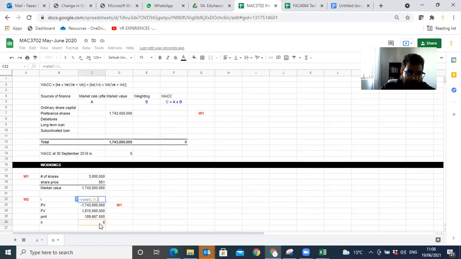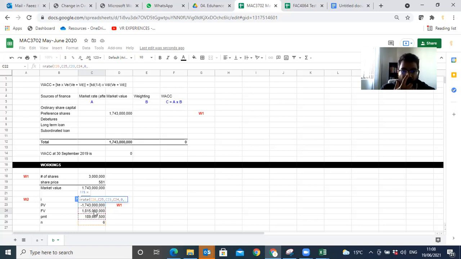N, then PMT, then present value, then future value, and then when cash flows take place, end of the period or beginning of the period. In Excel and Google Sheets, for end of the period you must make it 0. And then in Excel and Google Sheets, they always want you to make a guess. When you calculate a rate, you must put in a guess.